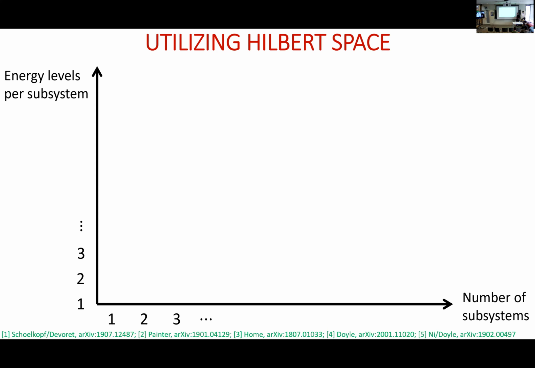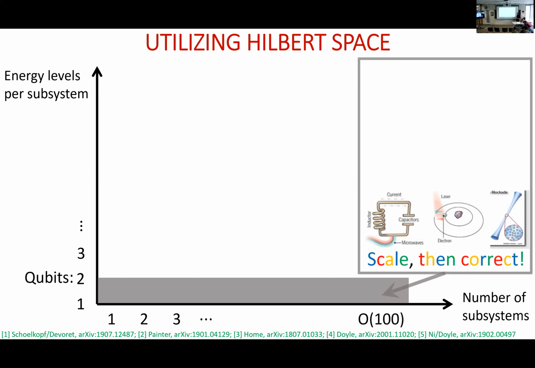The number of subsystems is on this axis, and each subsystem has some amount of energy levels. It's formally usually infinite, but people utilize only the first few lying energy levels, right? And what typically people do, and this is the minimum non-trivial example, is they utilize the first 2 levels of any subsystem, and they call it a qubit or a spin 1/2.